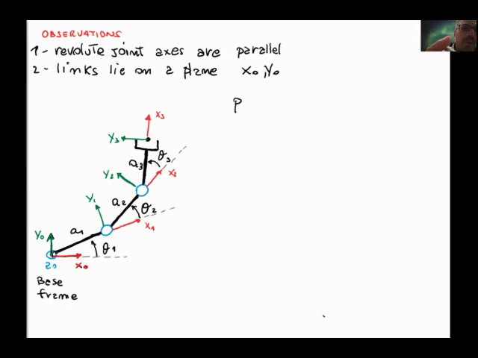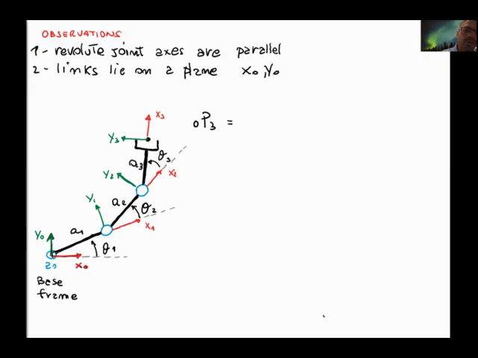And what we want to write here is the forward kinematics, so for example the position and orientation of the end effector. We can see that in this peculiar case, we can directly compute it by intuition.